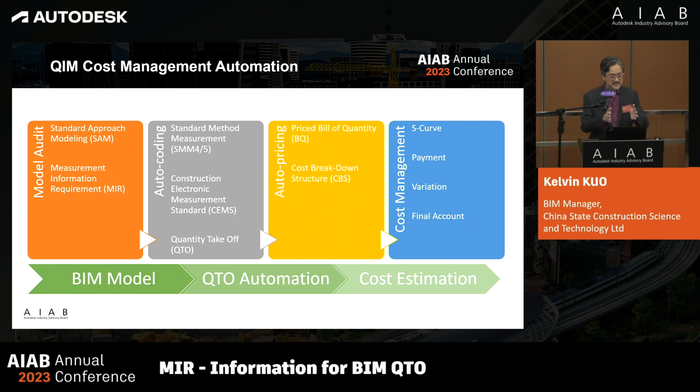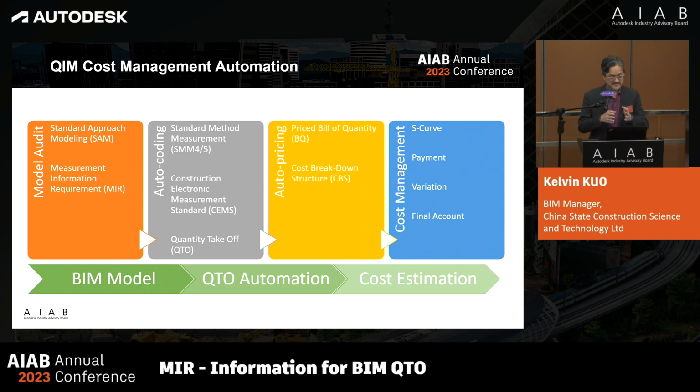And then we can do the auto coding according to the SMM, okay, maybe SMM4 at the moment, and very soon we have the SMM5, okay? And then we have the standard coding, so actually we get the QTO, the quantification, in an automatic way. And then we do the auto pricing, we can price the BQ in an automatic way, in an AI way, okay, so all the costs can be generated according to the cost breakdown structure.